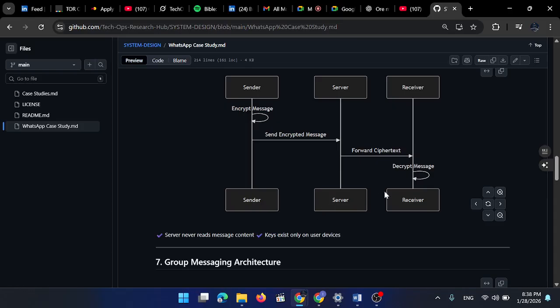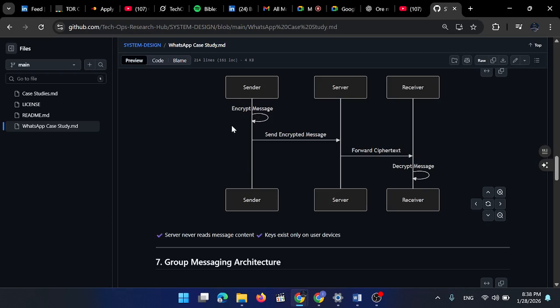So the users here are the sender and the receiver. The sender gets to send the message, the receiver gets to read the message. The receiver gets to decrypt the message that has been sent by the sender, which is encrypted. When you say encrypted, it means that this message is only known by the sender, right? And it's encrypted.